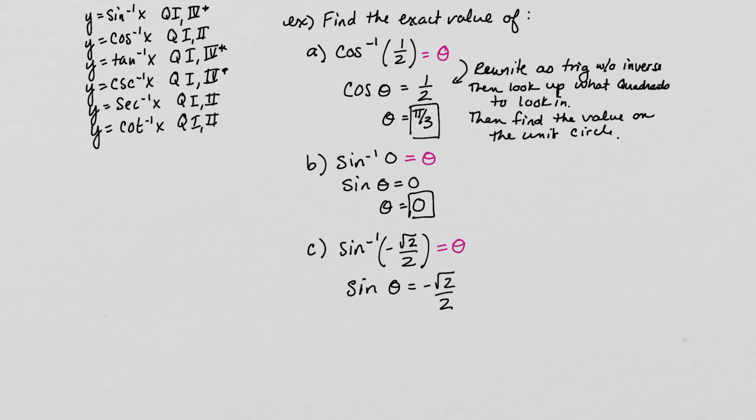So if you go onto the unit circle and you find where the sine is equal to minus root 2 over 2, remember, because we're dealing with the sine, we're only looking in quadrants 1 and 4. So if I look in quadrants 1 and 4, it is equal to minus root 2 over 2 at the angle that comes down here. So this angle here, if you look up what that is, it's 3 pi over 4.